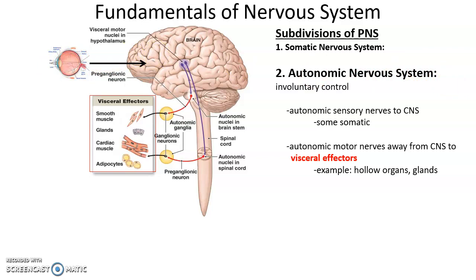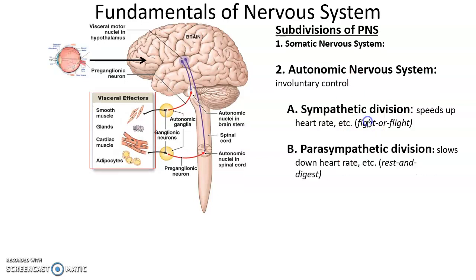And then the information goes to the brain, gets processed, and the motor effects occur in the various glands and smooth muscles and cardiac muscles in the body. So the effectors that are being controlled will be the smooth muscle tissue and hollow organs, or the heart, or the glands. Again, things we don't consciously think about controlling.